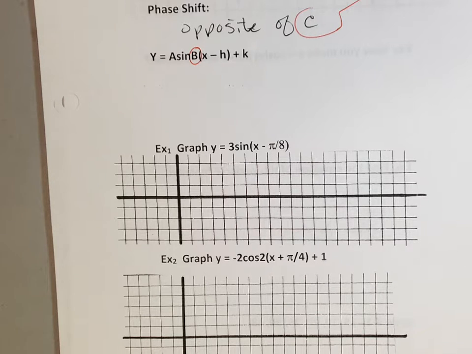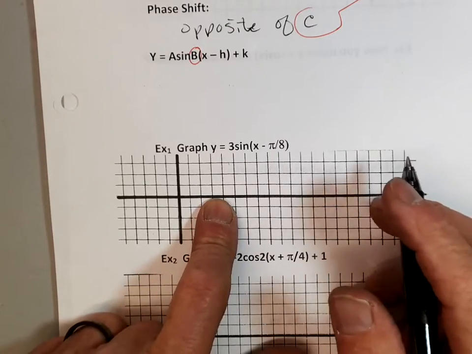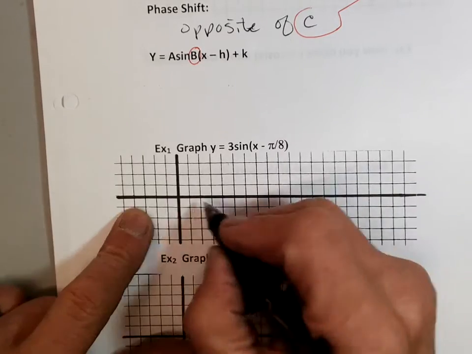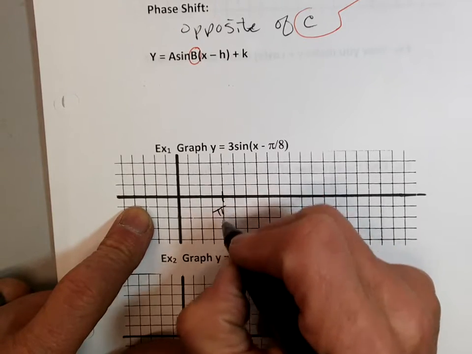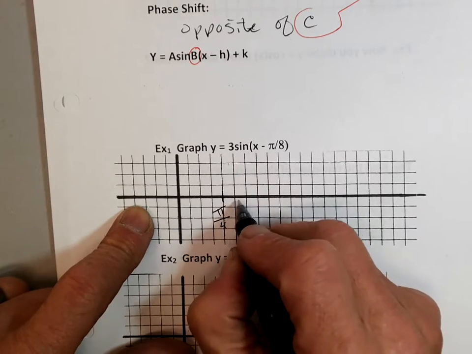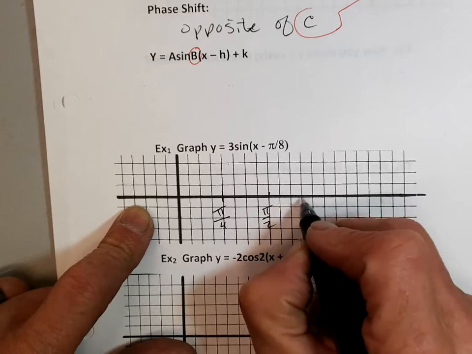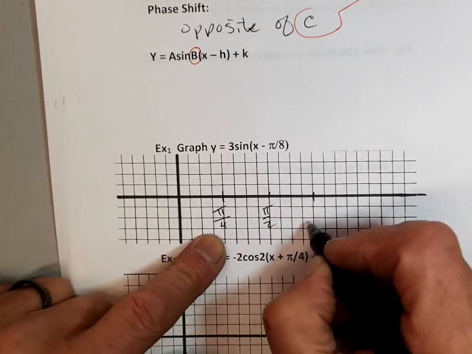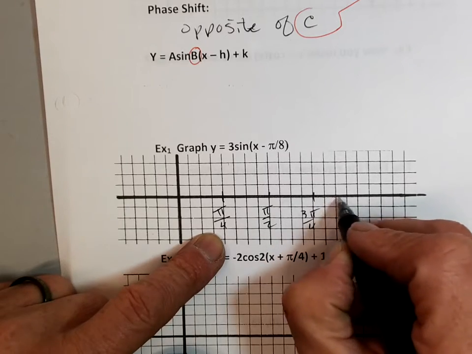So when I graph trig, I always try to make squares of 4. And you're going to see why. Okay, so I'm going to make sure I go 1, 2, 3, 4. Let's go pi fourths. 1, 2, 3, 4. There's my pi halves. 1, 2, 3, 4. There's my 3 pi fourths. 1, 2, 3, 4.